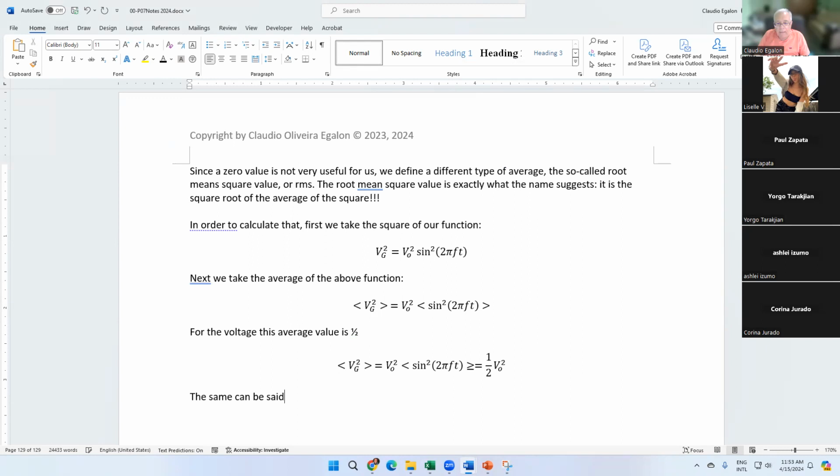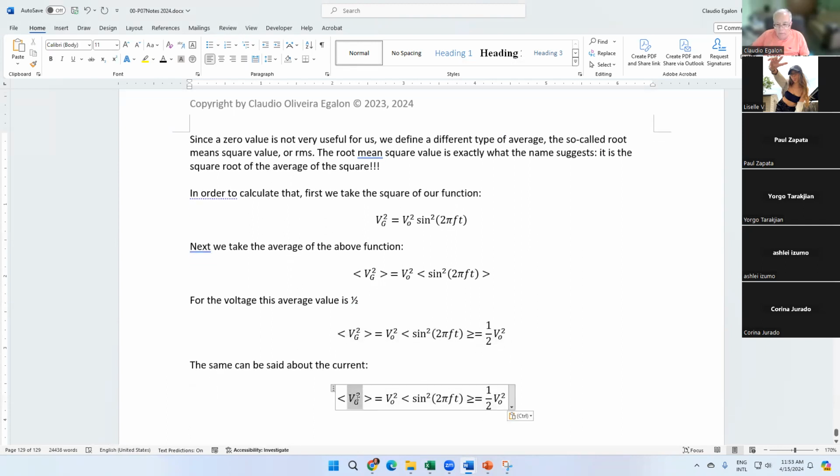The same can be said about the current. The average value of the square of the current is going to be half of the current squared as well, like that. Then we have, so we squared, we took the average of the square. Finally, it is 3 steps.